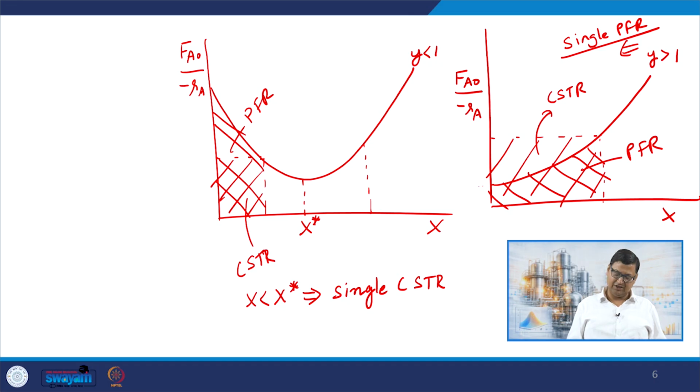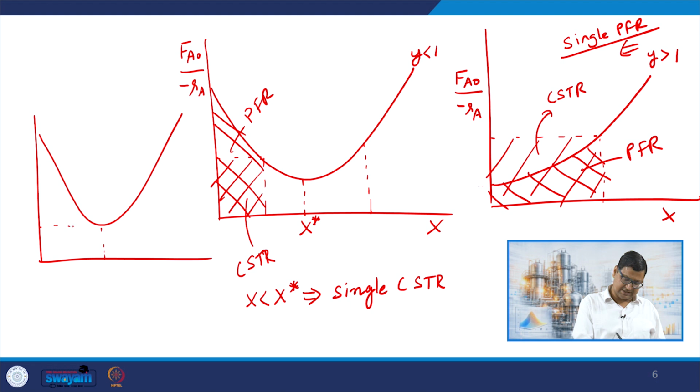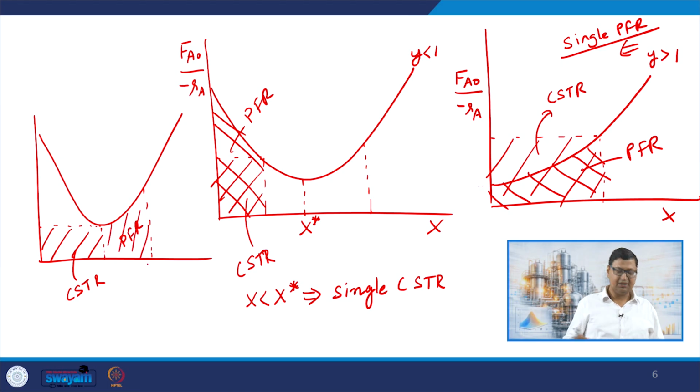So, what we can then do is, for that case we can employ a CSTR until the minima point, and after that we can follow it up with a PFR, because after the minima the PFR is again advantageous compared to a CSTR, because a CSTR will simply require higher volume than the case of a PFR beyond the minima, right.